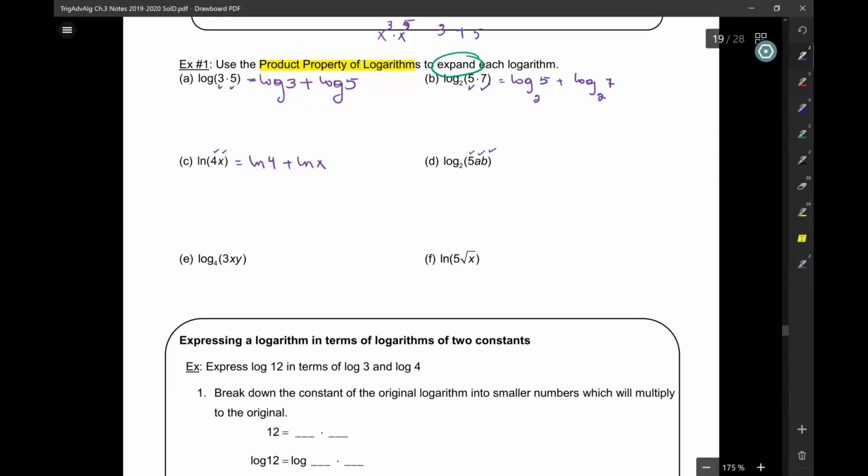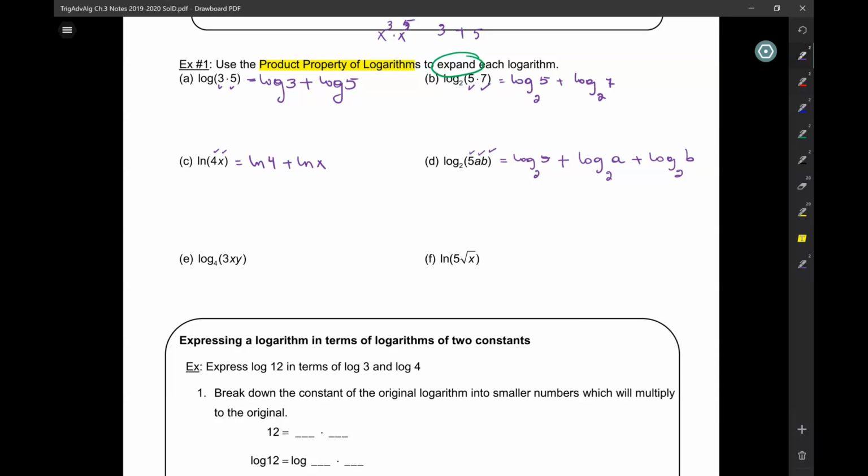That's 3 things inside that are being multiplied. So it's log 2 of 5 plus log 2 of a plus log 2 of b. 3 elements, 5ab, 3 separate logarithms.